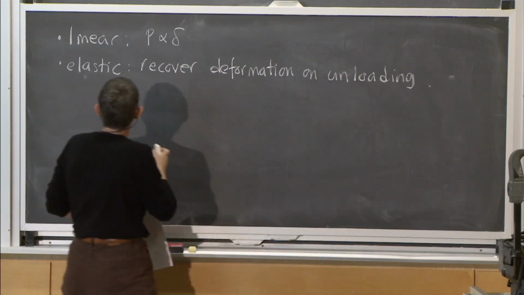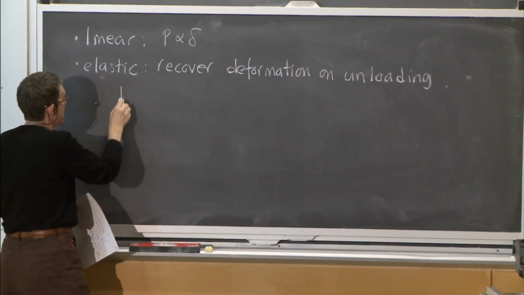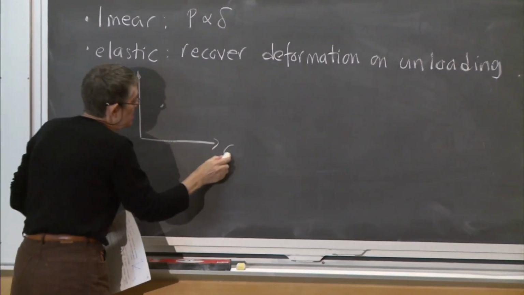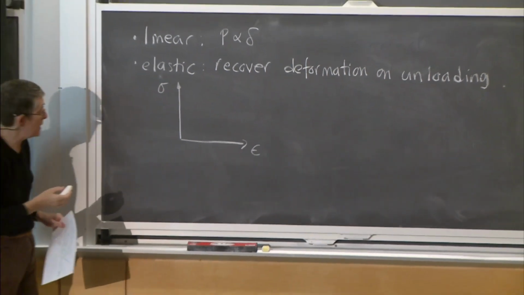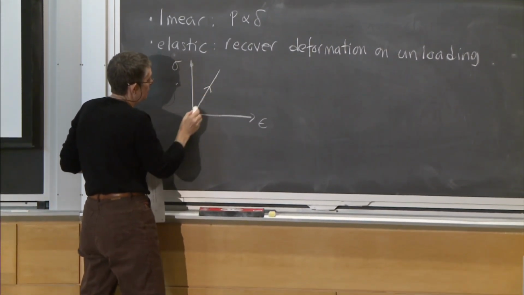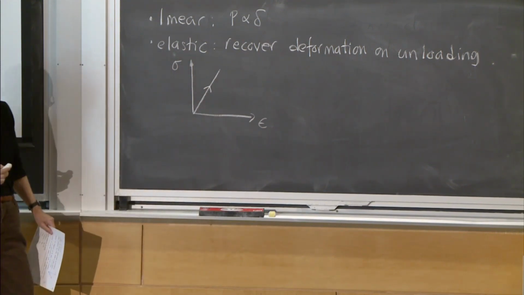So for example, if I have a stress strain curve like this, if my material's linear elastic, then if I load the material up, so that's loading that way, I just get a straight line.